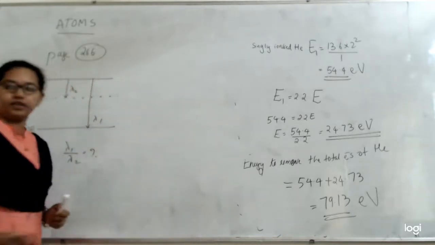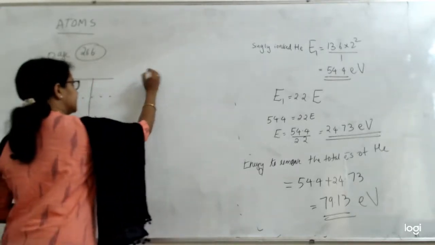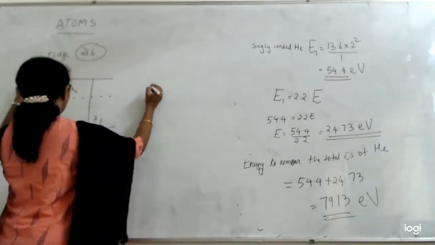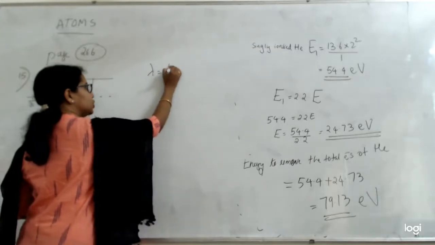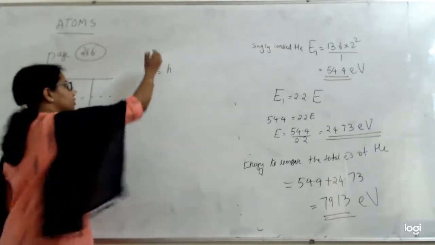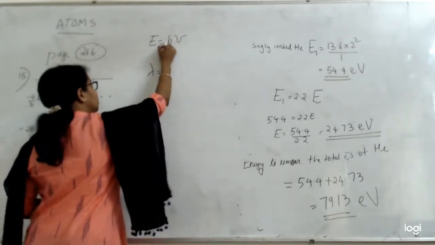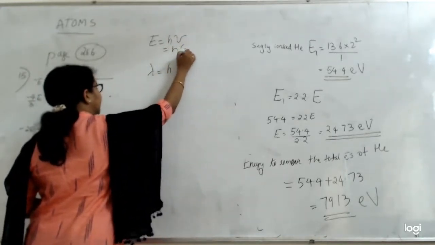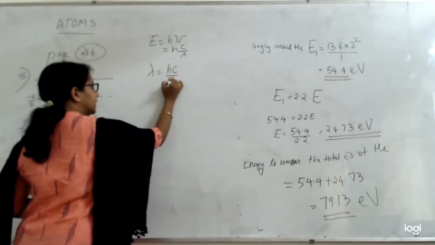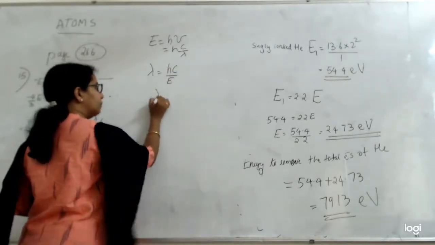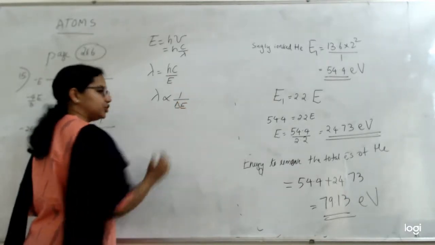First, we should take the energy. When an electron is jumping, E is equal to h mu, and mu is nothing but c by lambda. So I can write lambda as hc by E, or lambda is inversely proportional to the difference in energy.